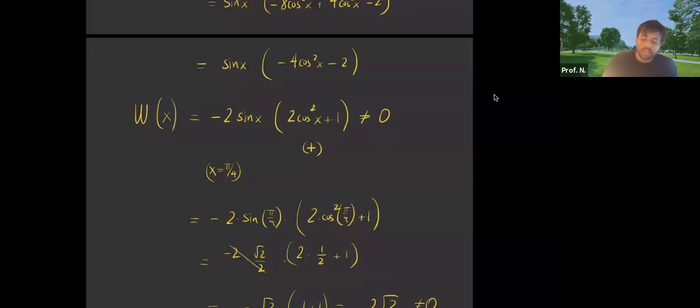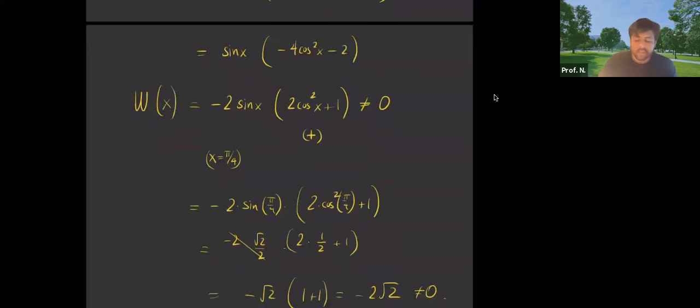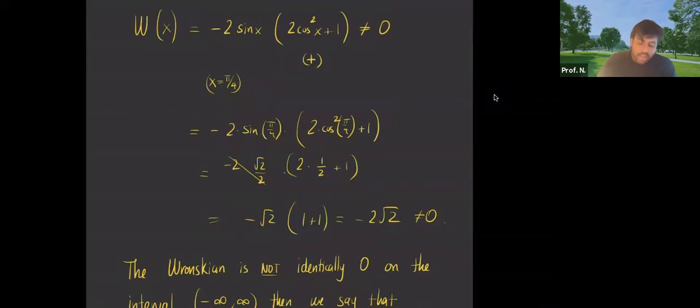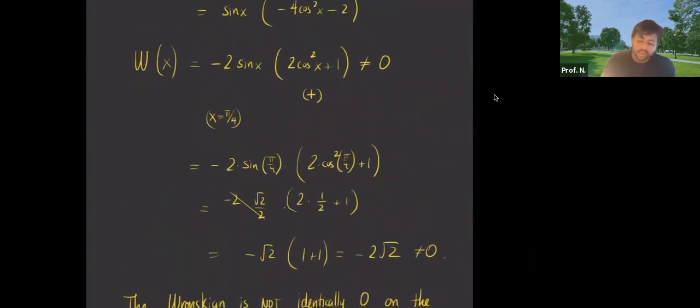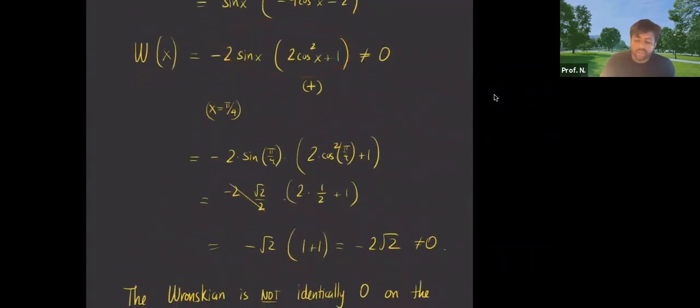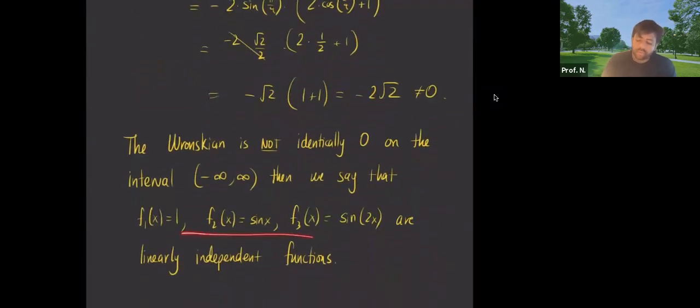And what I'm asking is, is my Wronskian ever non-zero? If it's non-zero for one particular value of x, which in this case was pi over 4, we say that the set of functions is indeed linearly independent. If we get an expression that always equals 0 no matter what we plug in for x, then we say that the functions would be linearly dependent functions.